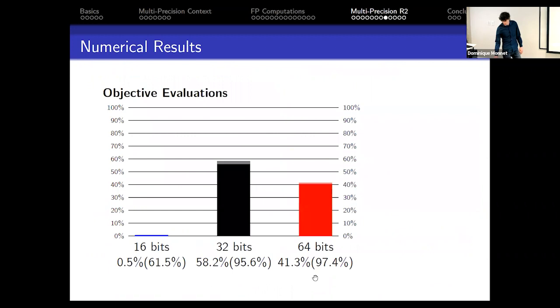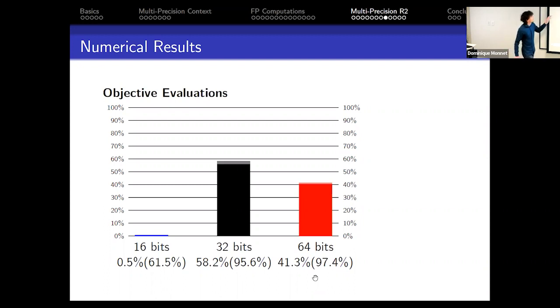Now look at the evaluation details. The algorithm switches dynamically with precision between float 16 and float 64, with some strategies implemented. I won't give them here.